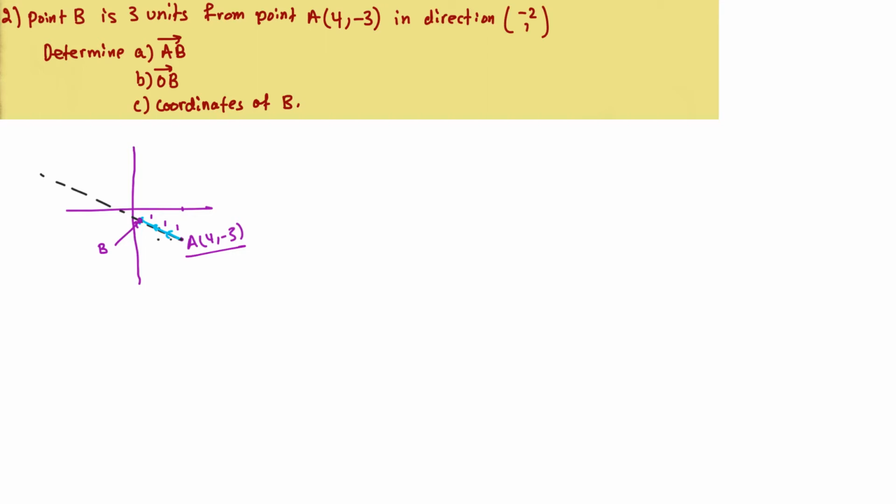So we know the direction of this vector that we want is (-2, 1). So that's the direction, so we can find a unit vector in that direction.